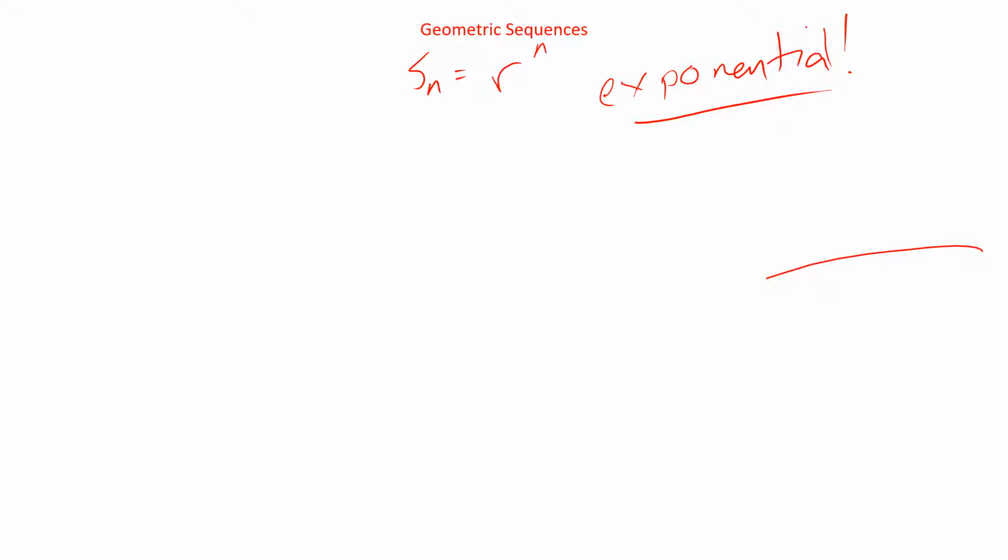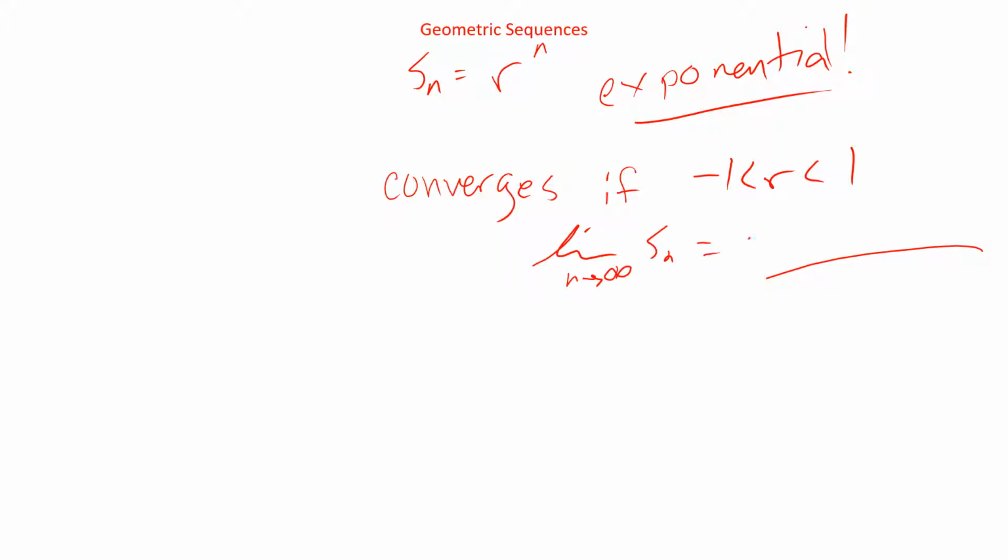This will converge if r is in between -1 and +1. It will converge to 0. The limit as n goes to infinity of Sn equals 0 every time.